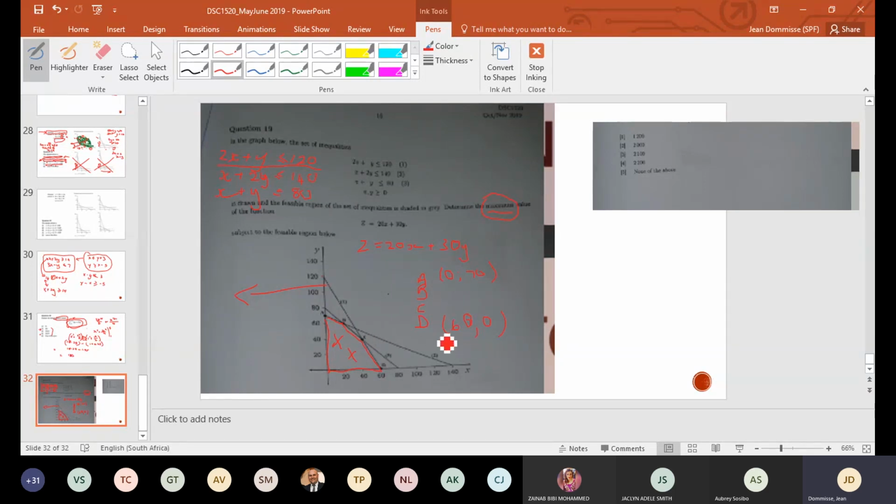Okay, but let's quickly check: if I substitute 0 in there and 70 in there, I get 2,100. If I substitute 60 in there, 0 in there, I get 1,200. So at least I know those two are not the answer, because the maximum will already be at that point of 2,100.